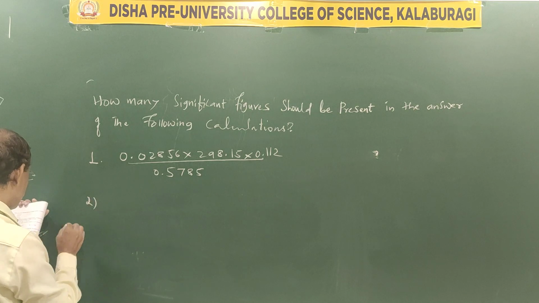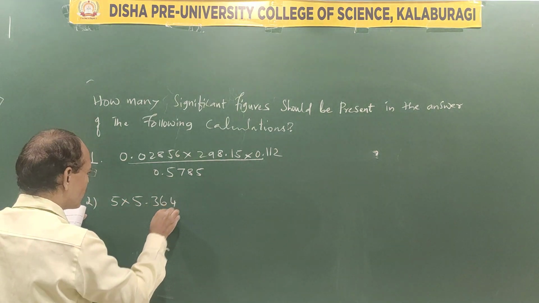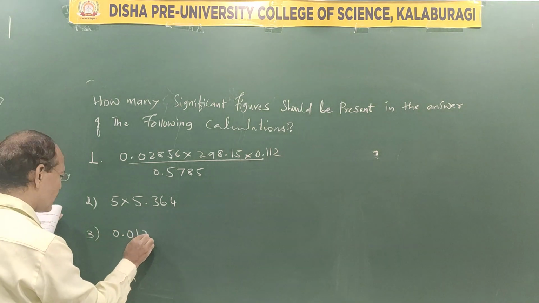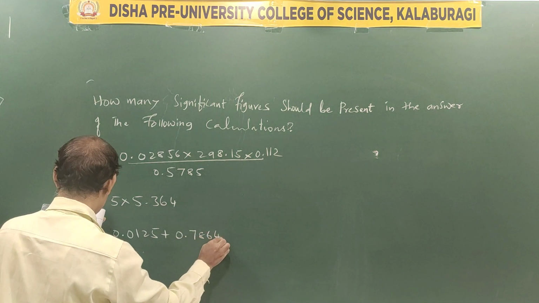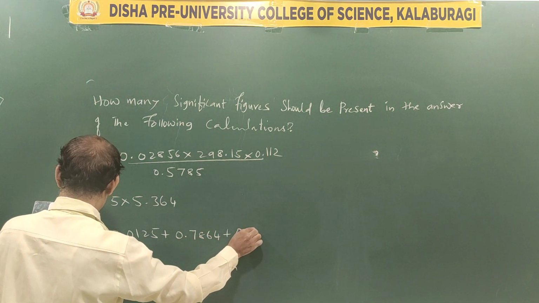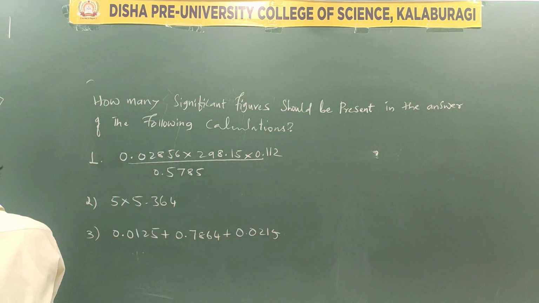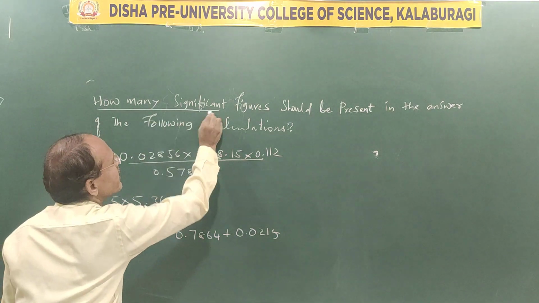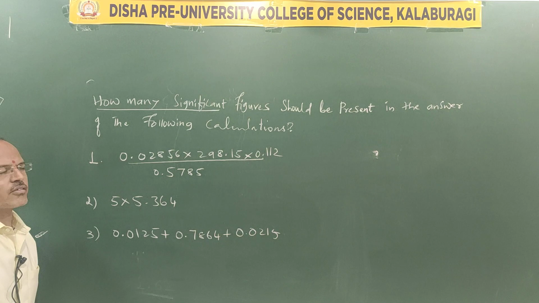Second one, 5 into 5.364. Third, 0.0125 plus 0.7864 plus 0.0215. Now we will see all these examples.